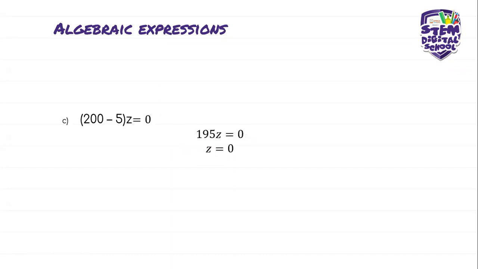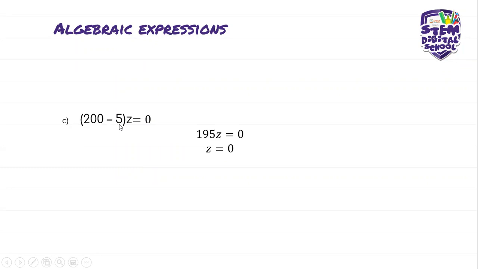And then the next one, you can simply just subtract 5 from 200 to get 195, and 195z there. If you divide both sides by 195, you are bound to get 0 there. And again, if you test 0, if you put it in the equation, you'll see that if you multiply everything by 0, you will get a 0.